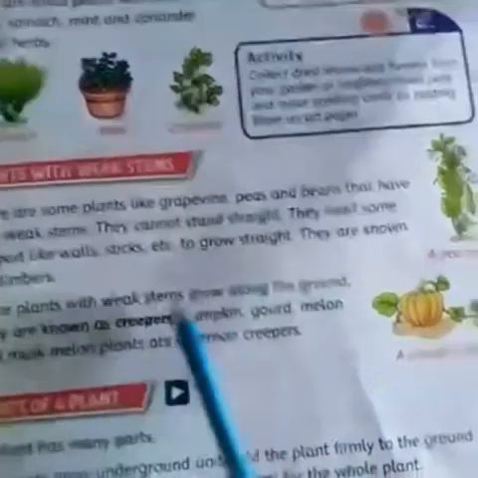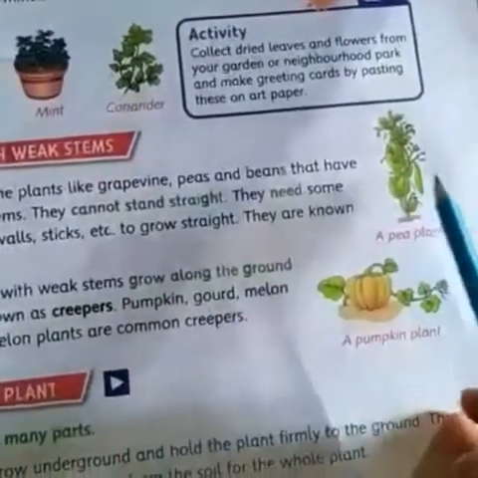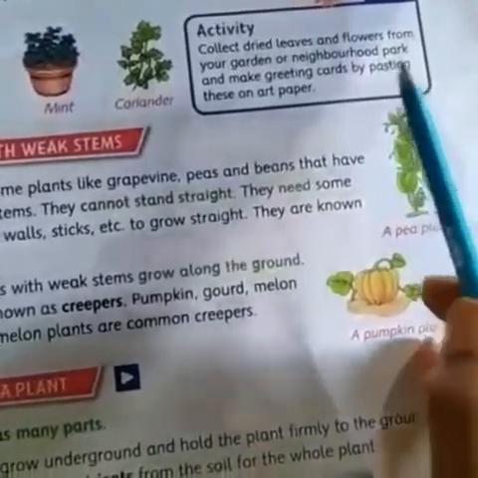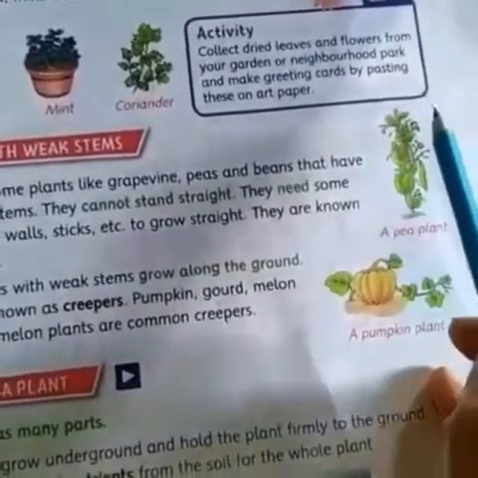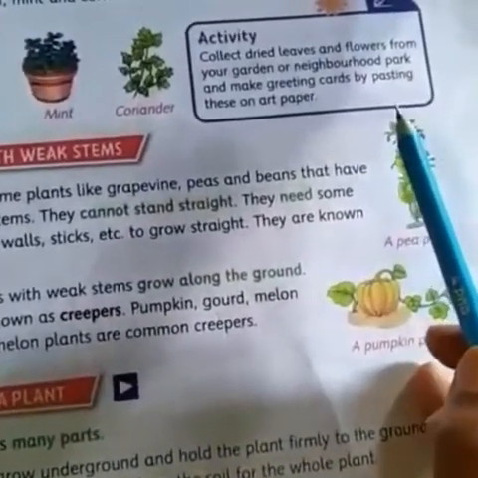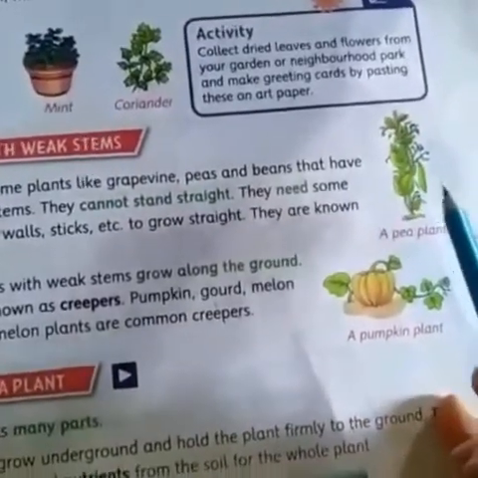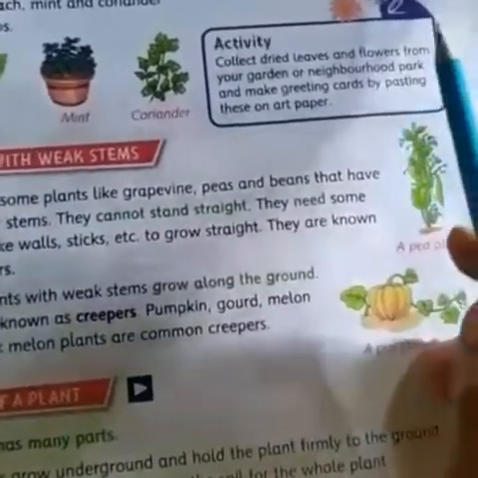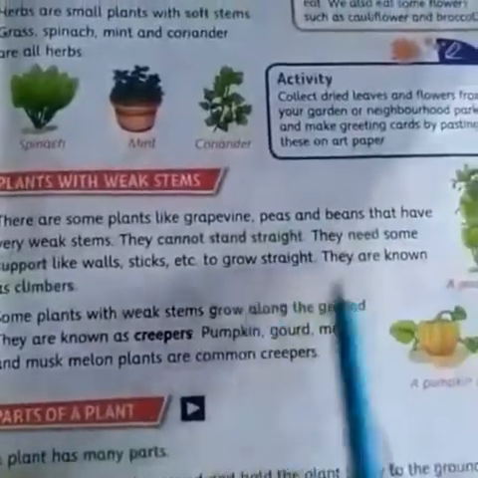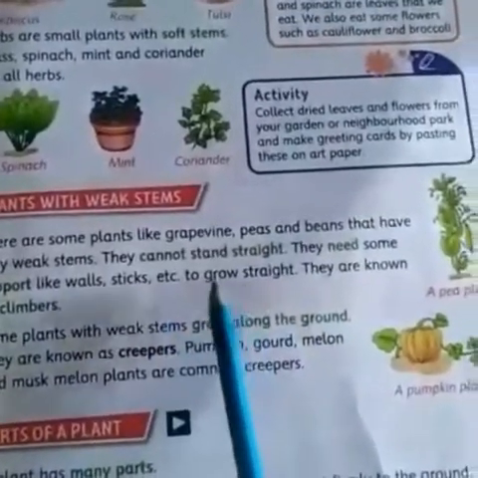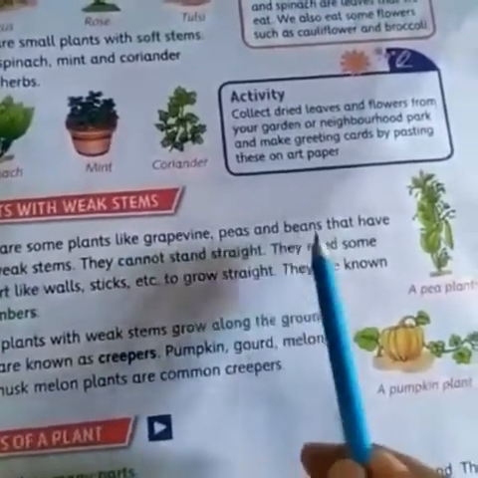So they are known as climbers that will climb either on the wall or on a stick. They need some kind of support to grow up, to climb up. Here are some examples given: grapevine, peas and beans.